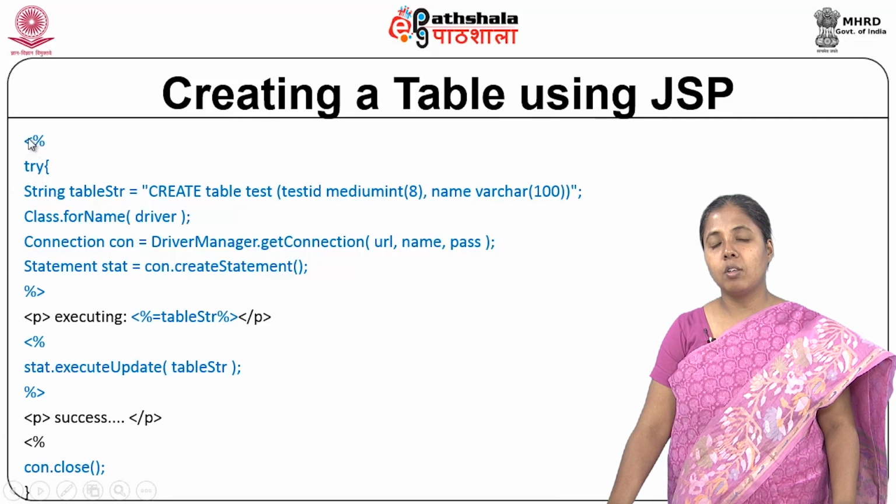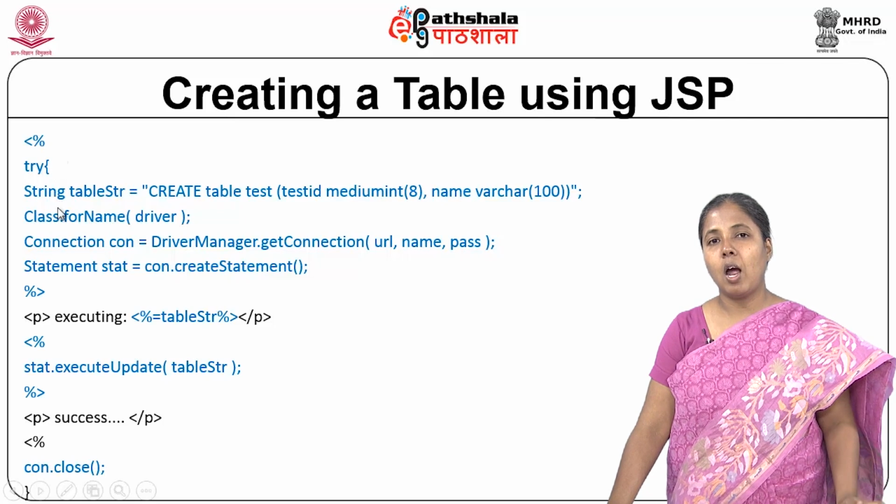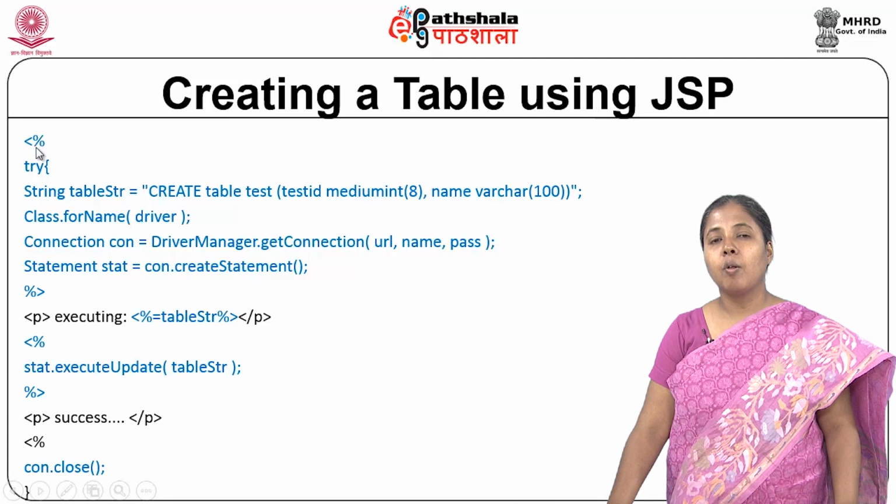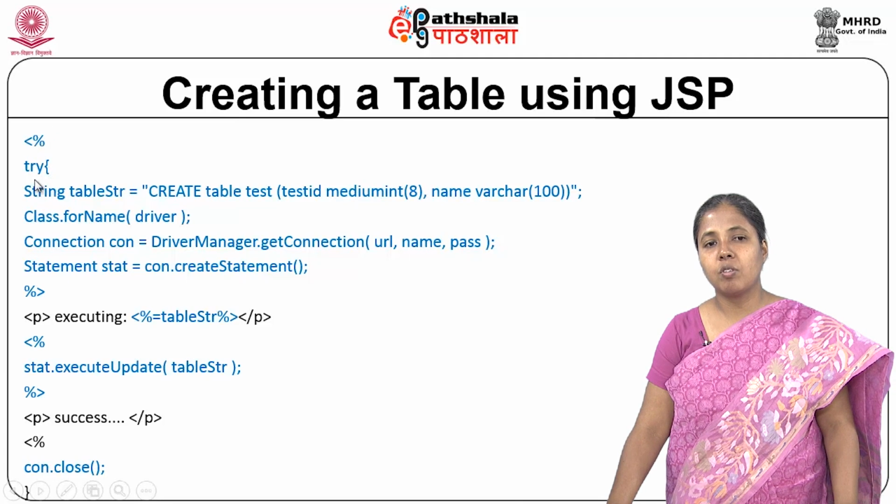This is a tag that is without an exclamation mark, without an equal to symbol, and without an attribute symbol. So, there are 4 things: attribute, equal to or an exclamation mark. Without all these symbols you can start writing your scriptlet code. A scriptlet starts with an open angle bracket, the percentage symbol, and then you write your Java code.